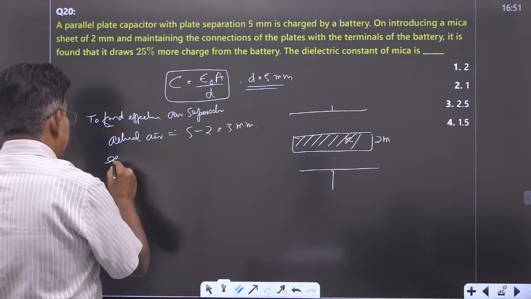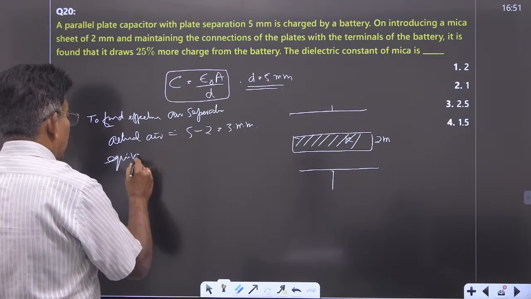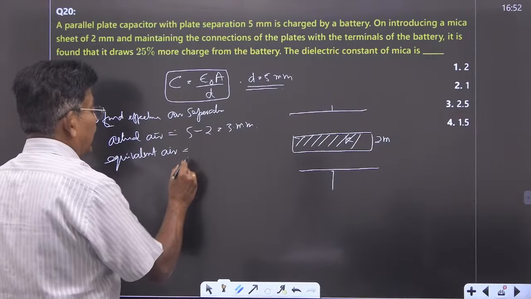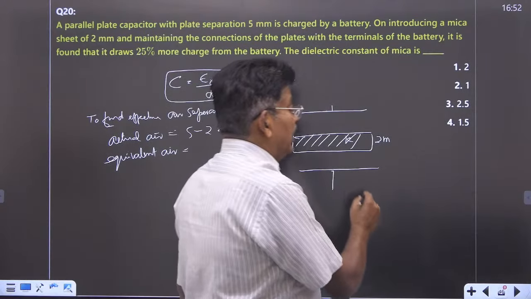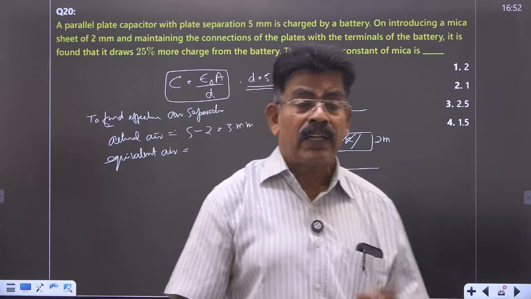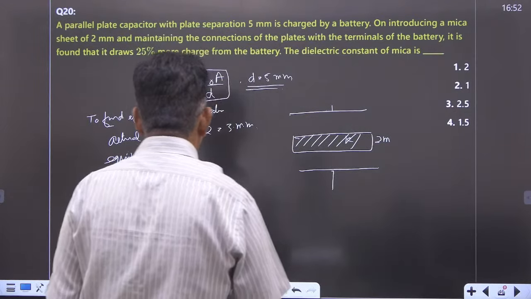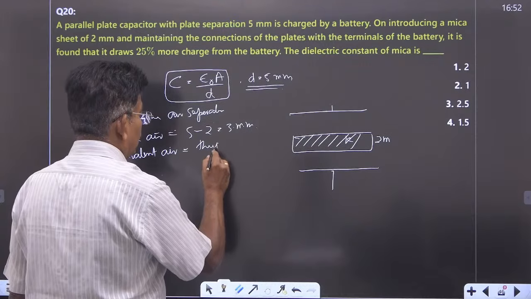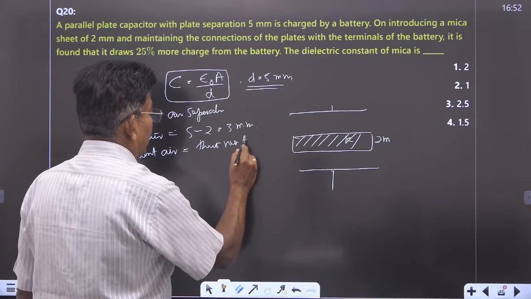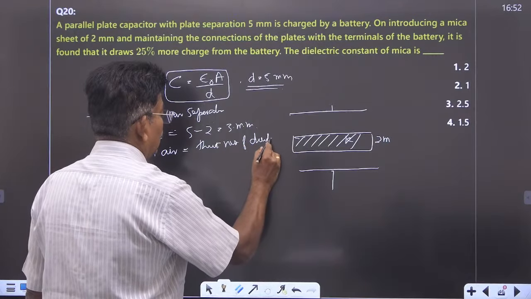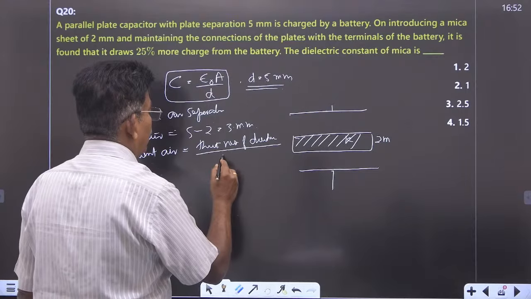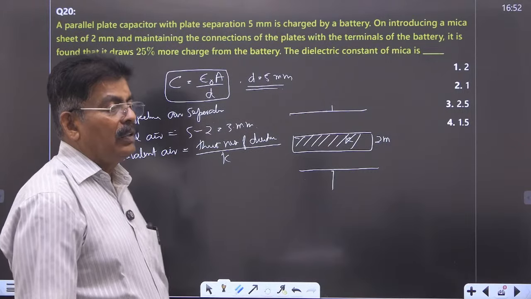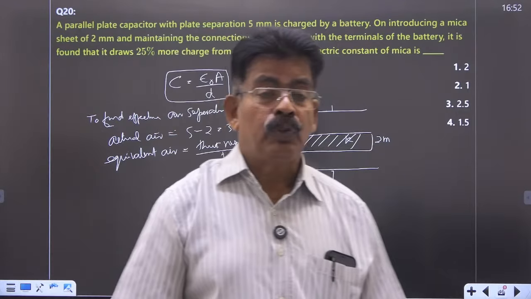Then, equivalent air. I use the word equivalent air. There I am introducing a thickness d of dielectric. This concept: the thickness of the equivalent air is equal to the thickness of the dielectric divided by the dielectric constant K. That is a very useful substitution for us.